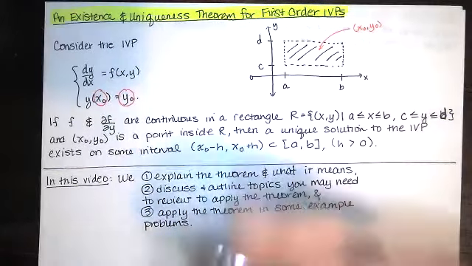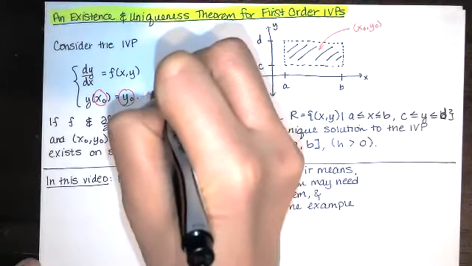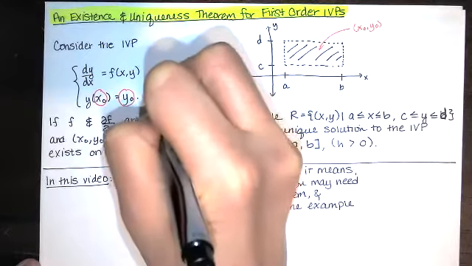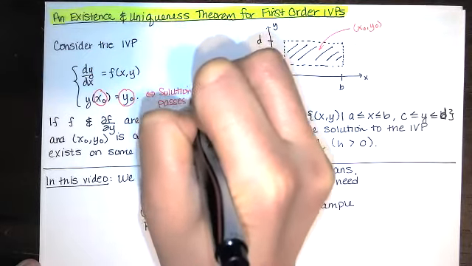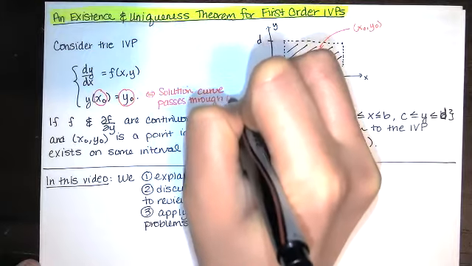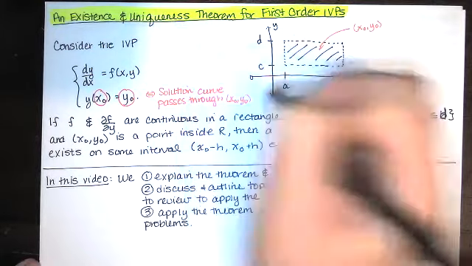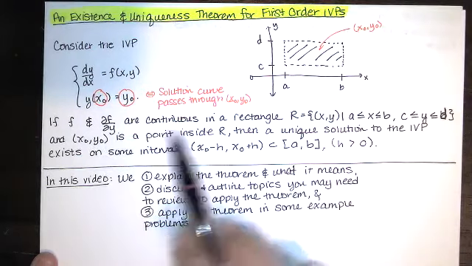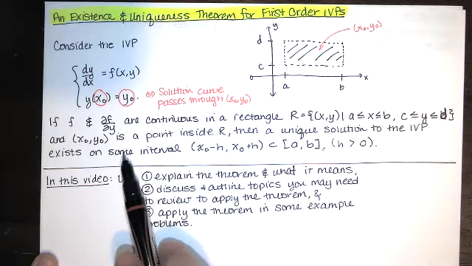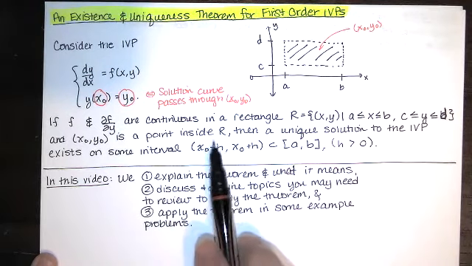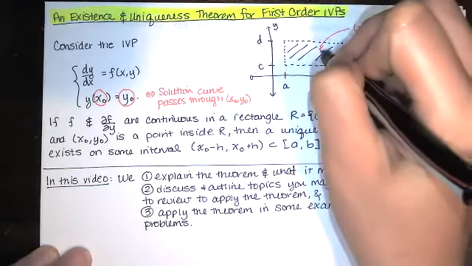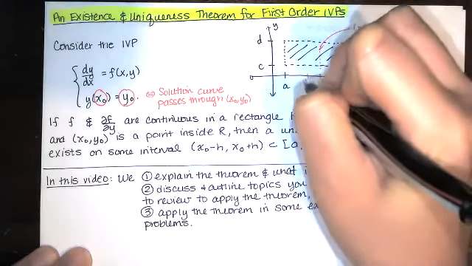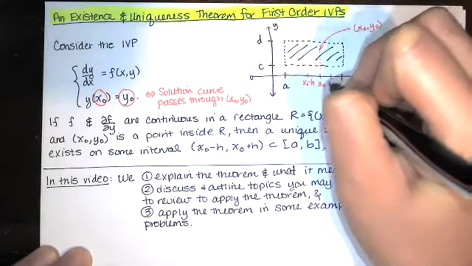This means our solution curve passes through the point x naught, y naught. So we're guaranteed a unique solution that passes through that point on some interval centered at x naught, and we add and subtract h. So if this is x naught, then we'll subtract a little bit, and we'll add a little bit.